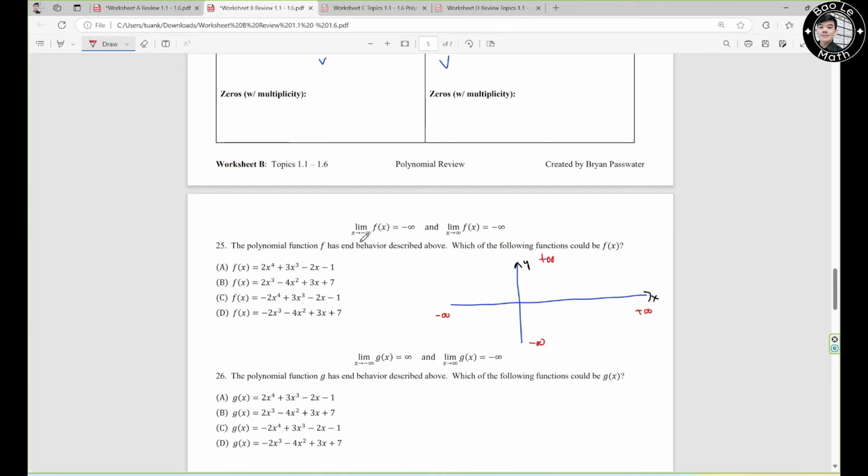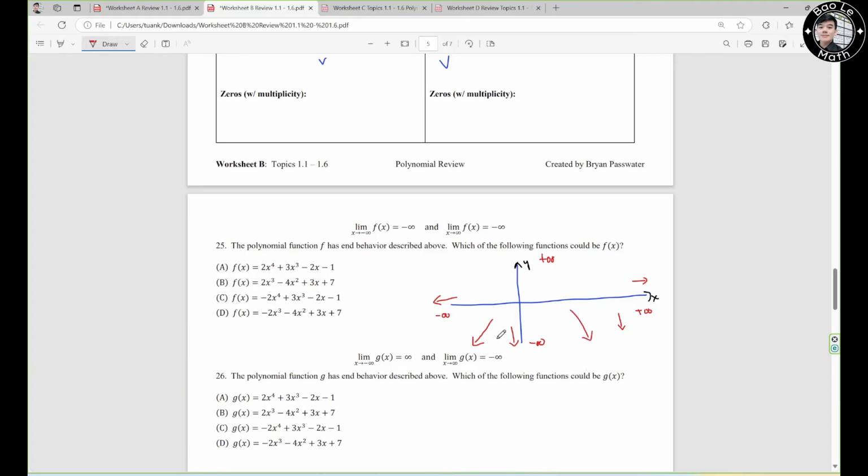So we see that when s approaches negative infinity, which means s going this way, the function approaches negative infinity, the function going down. So which means the graph should be something like this, right? Now when s approaches positive infinity, the function approaches negative infinity, right? Like this. So the end behavior should be something like this.